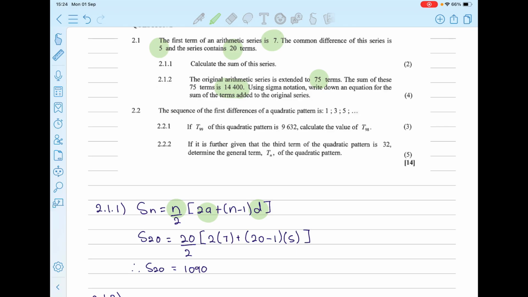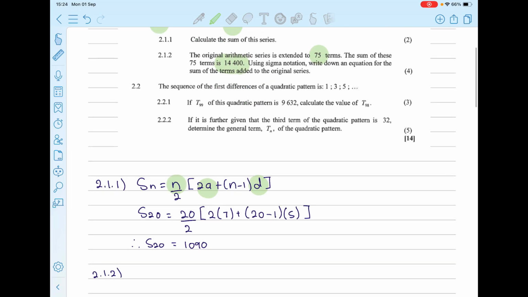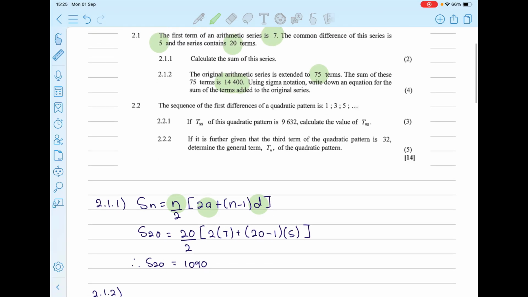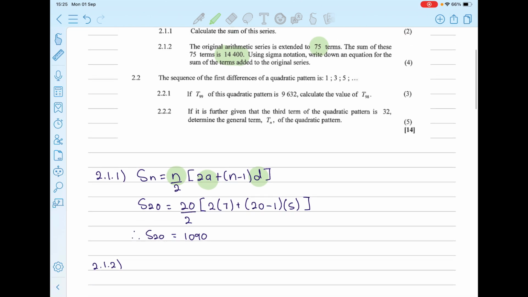So we have the sum of the 75 and we have the sum of the 20. We just calculated it in 2.1.1. So that means the difference between those sums will then allow us to write a sigma notation equation. Okay, so to begin, let us start by getting the difference between the sum of 75 and the sum of 20.